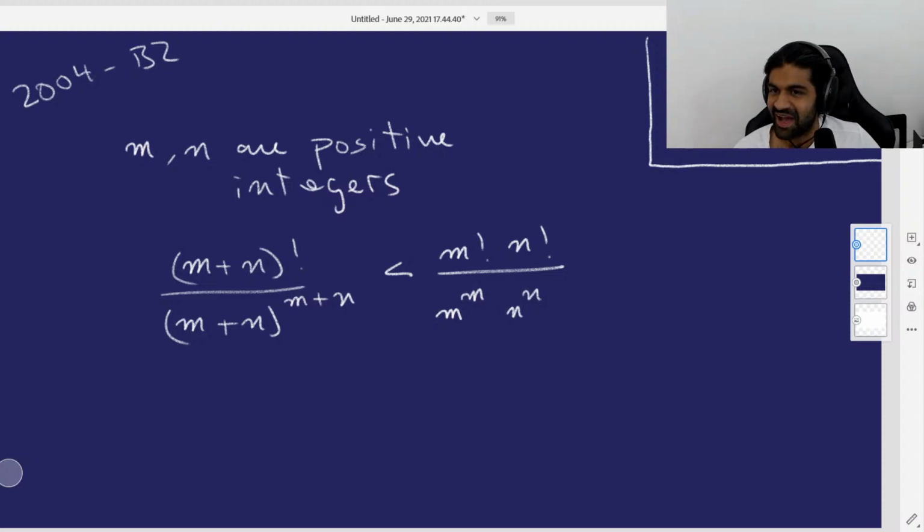So, how might you do this? I'll give you guys a hint. Do you see any potentially familiar expressions in this one? Is there any way to rearrange this?